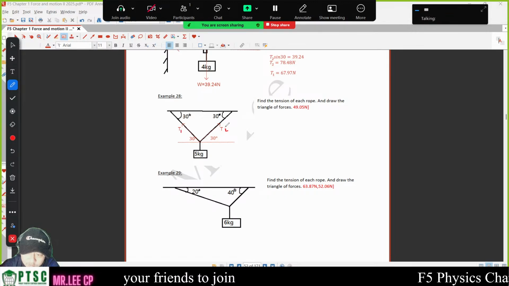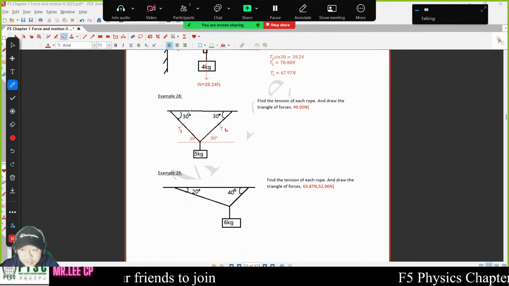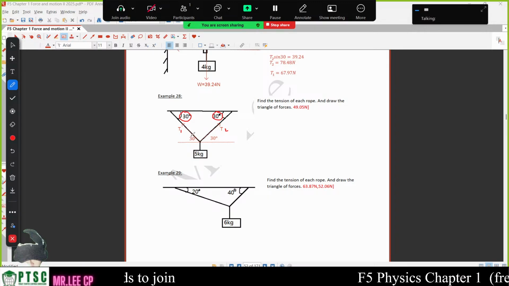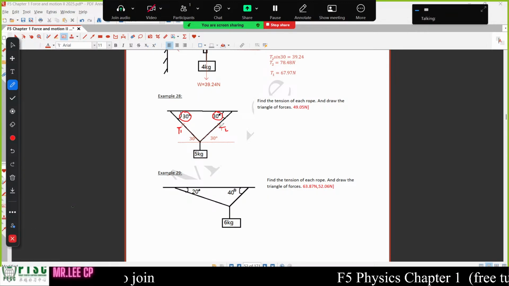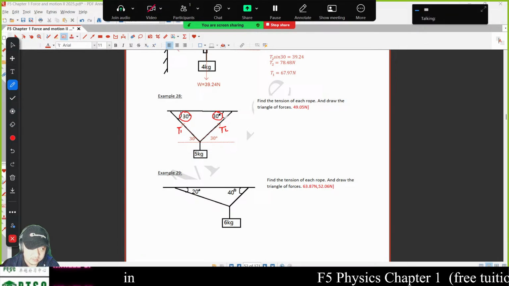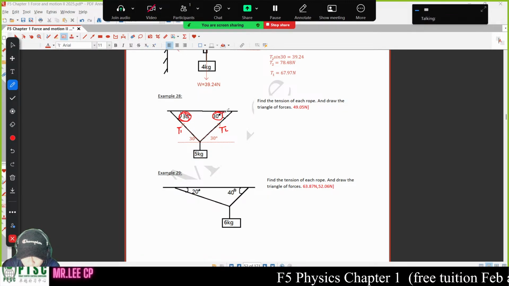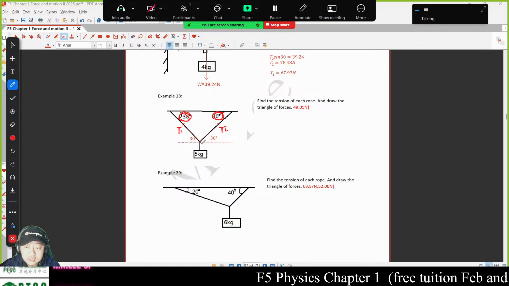Up to you. Because this angle and this angle are the same, this tension and this tension are the same. I repeat one more time: when the angles are the same, the tension will be the same.